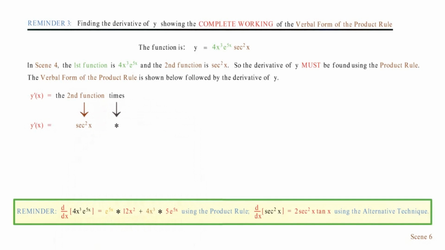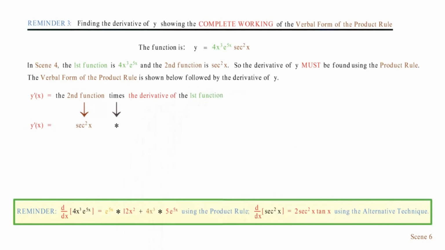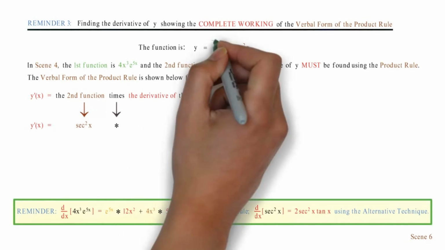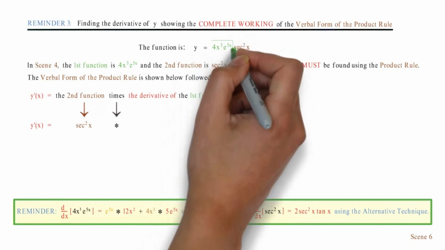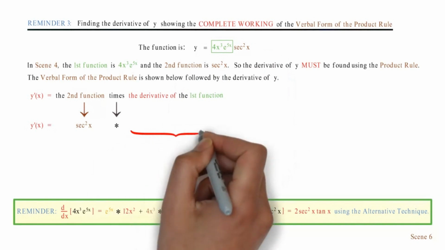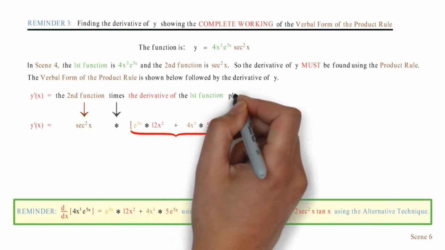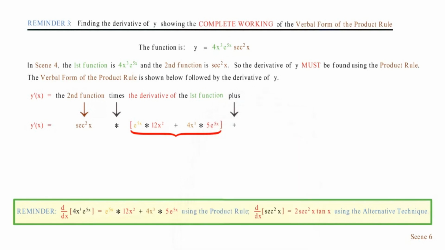times. The derivative of the first function is the derivative of 4x cubed e to the 5x, which is this expression, plus is plus.